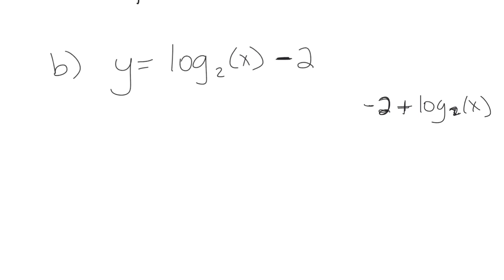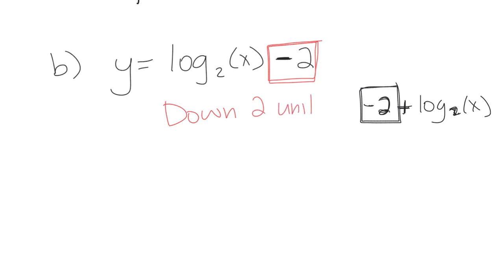Anyway, you might see it in front. So your vertical shifting either comes in front of your logarithm with a plus, or your vertical shifting comes after the logarithm, after your parentheses. So there's parenthesis x. And this, of course, moves your graph down 2 units. Down 2 units.